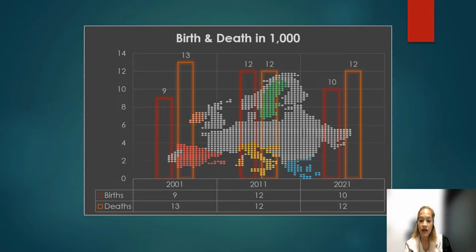1.86 children are born per woman on average, and the deaths in Estonia in 2001 per 1,000 was 13, and in 2011 was 12, and in 2021 it was 12 too.